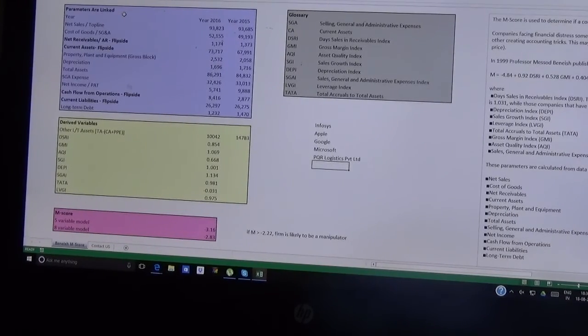So rather than using current assets, we are advising you to use our new term, which is known as non-cash current assets, which equals current assets minus (cash and cash equivalents, investments, I would say short-term deposits).